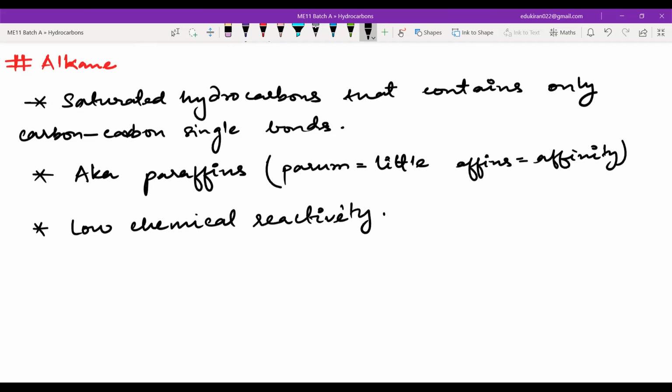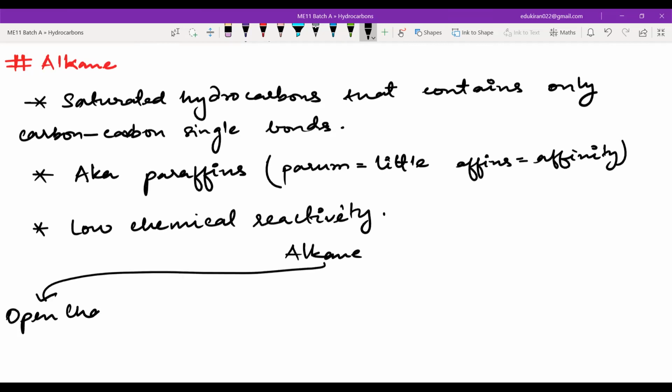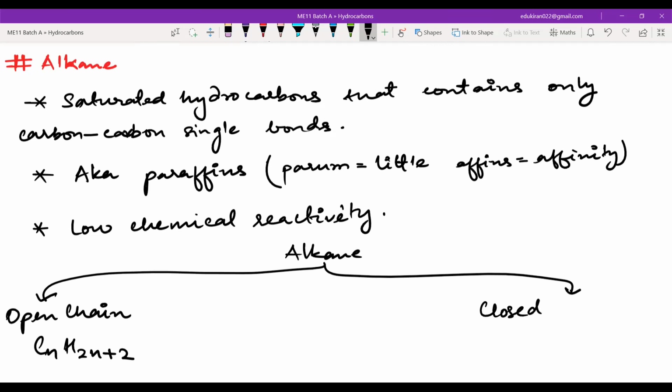I can divide alkanes into 2 major types: open chain, which has the general formula CnH2n+2, and closed chain or cyclic alkanes, whose general formula is CnH2n.